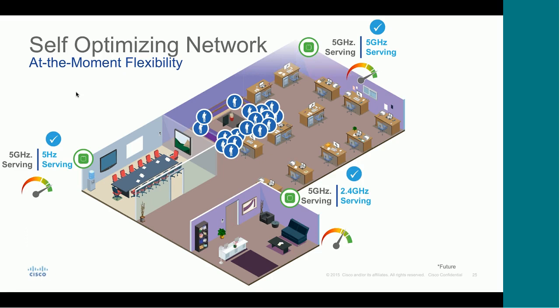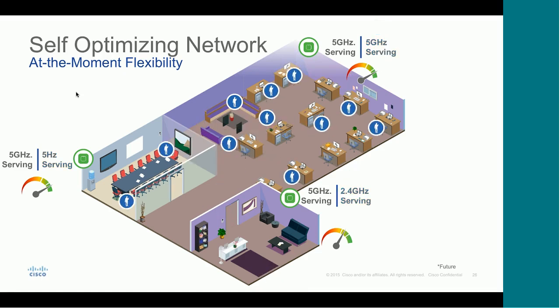In the workplace, we see people gathering in non-traditional areas, cafes, water cooler, whatnot. And as they gather in those areas, we start putting more load on the nearest access point. So how do we accommodate for that capacity coming online and offline? Really, that is what the flexible radio assignment does.